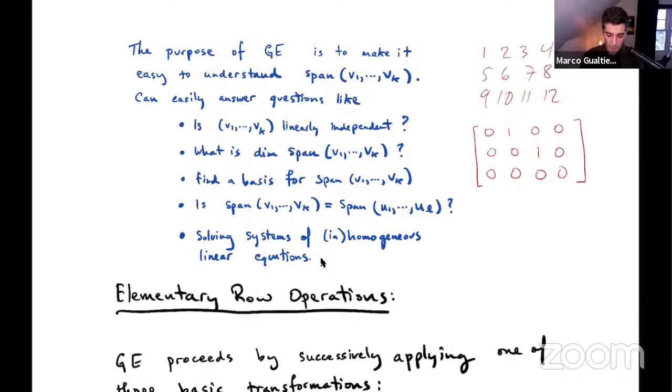If I look at the span, I can tell this is the zero vector, so it will not contribute to the span. This and this are linearly independent. So I can tell right away, because of the way the matrix looks, that the span of these three vectors has dimension 2. Whereas for this one, it's not clear whether the span has dimension 1, 2, or 3 because of the complexity of the way it looks.